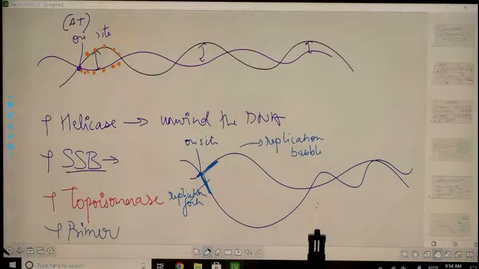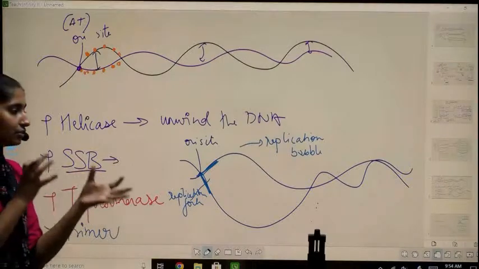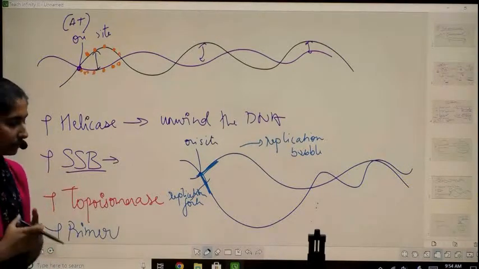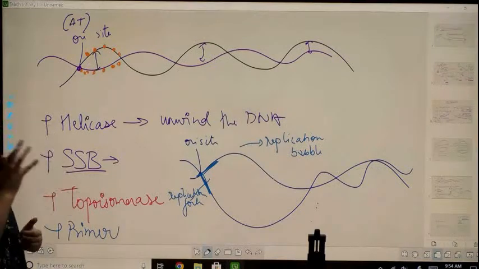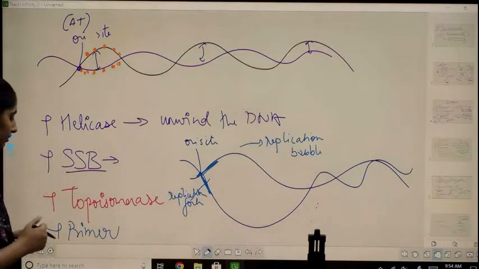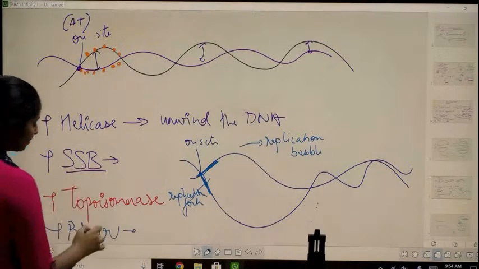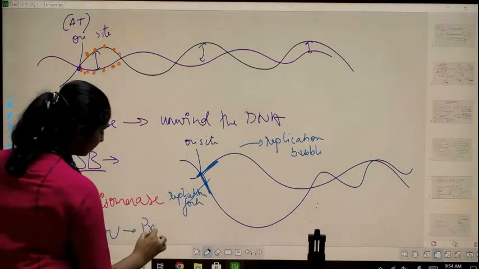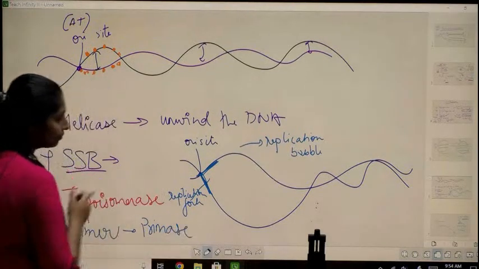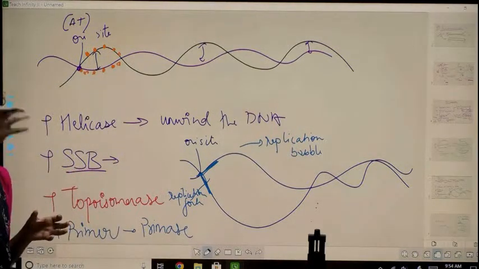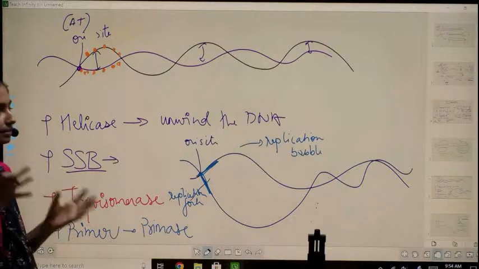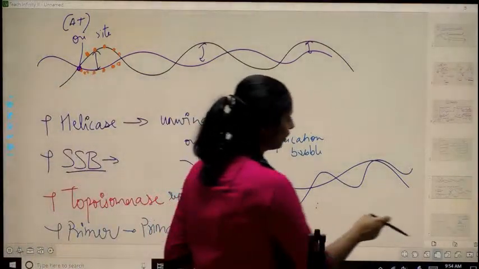What is a primer? A primer is a single-stranded, short stretch of RNA nucleotides, and this short stretch of RNA is made by primase enzyme, okay? So we require a primer to which DNA polymerase can add new nucleotides and begin the synthesis of the daughter chain.